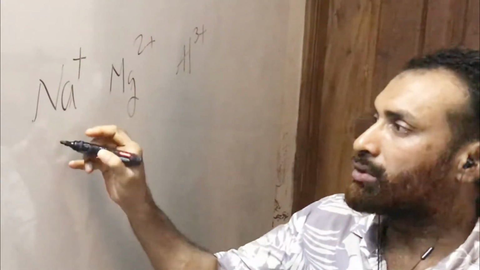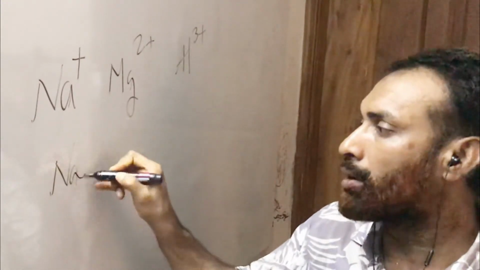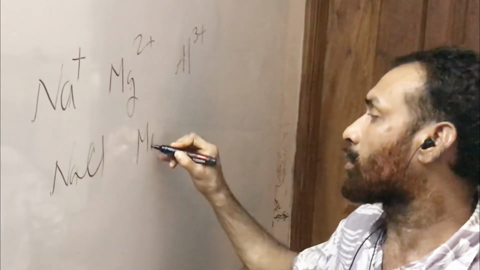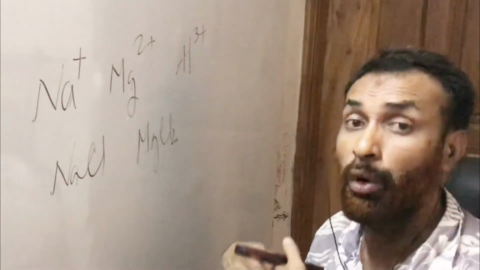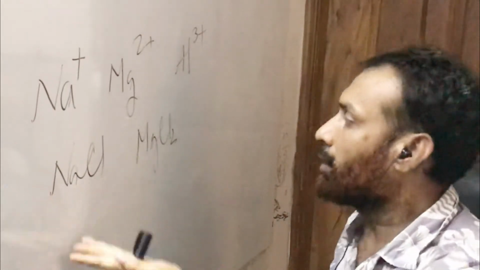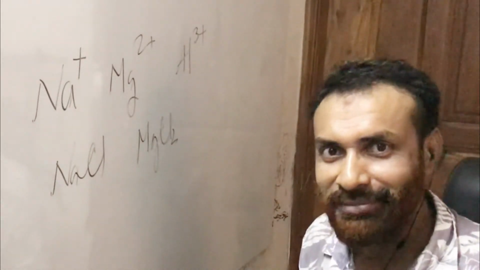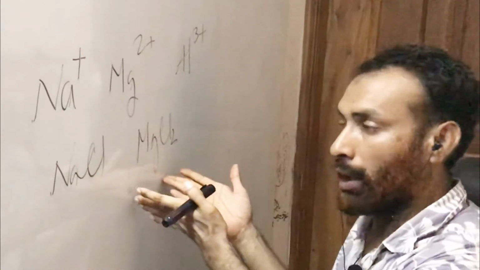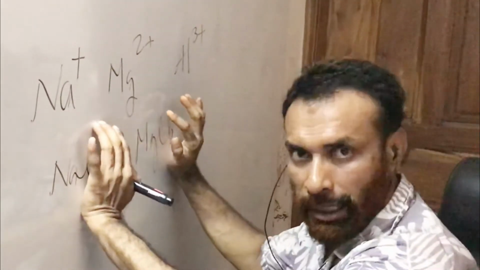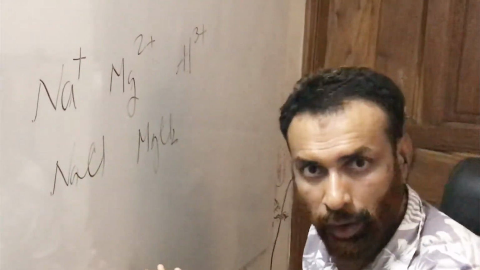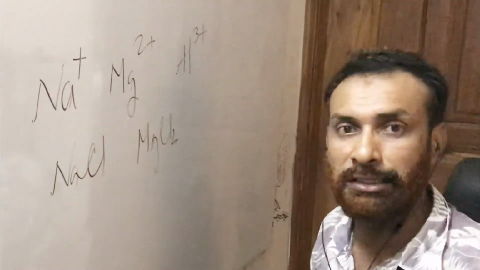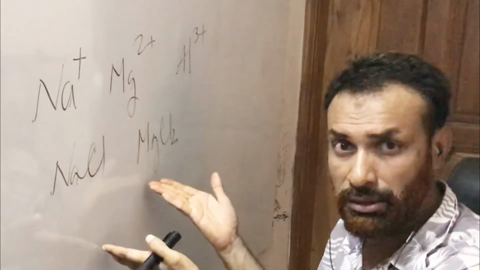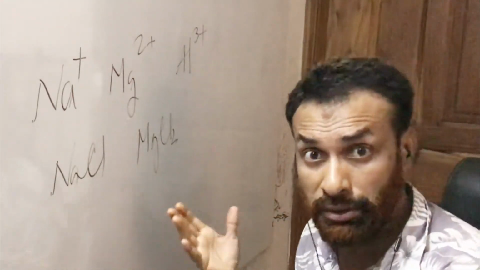Now think about this sodium. If sodium bonds with chlorine, this is sodium chloride. And if magnesium bonds with chlorine, this is magnesium chloride. Which one do you think is more covalent? Sodium chloride or magnesium chloride? This should be magnesium chloride, because chlorides are the same, so it doesn't depend on chloride. The difference is here sodium, here magnesium, and magnesium has greater charge and greater charge density.